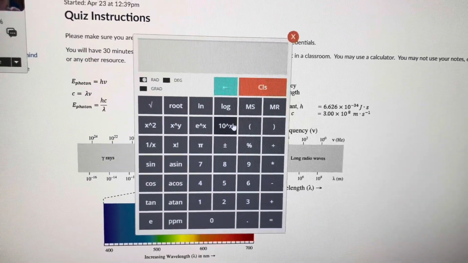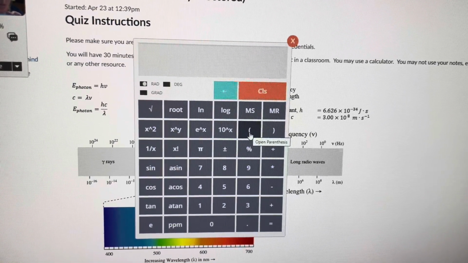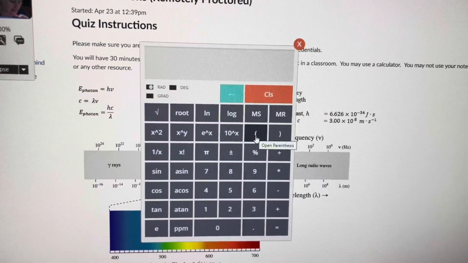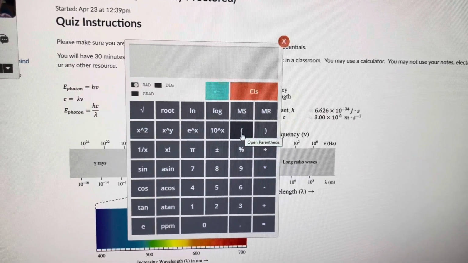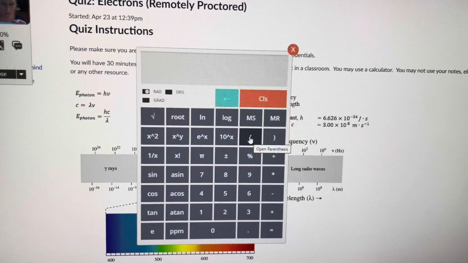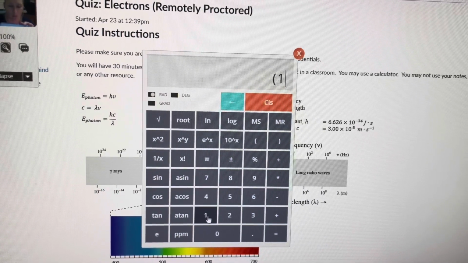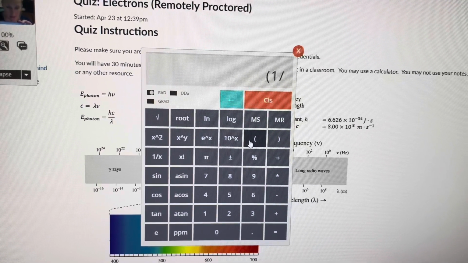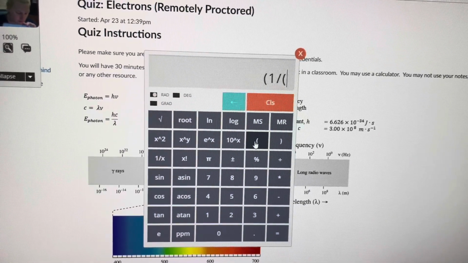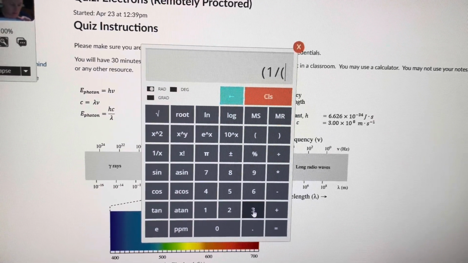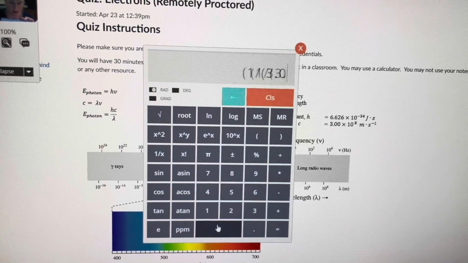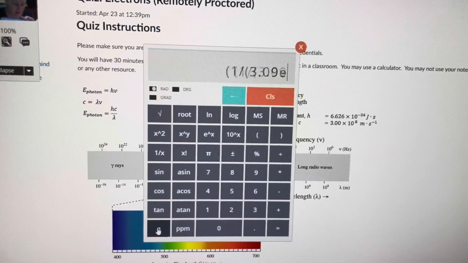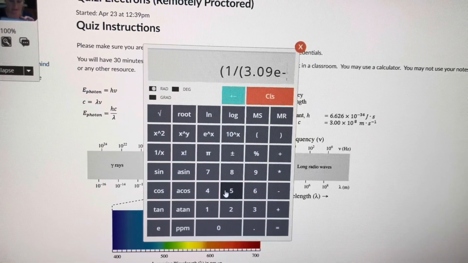So for this particular problem, the first thing I'm going to do is take 1 divided by that 3.09 times 10 to the negative 5. So I'm going to open parentheses, 1 over, and then I'm going to open new parentheses and put in 3.09E negative 5.